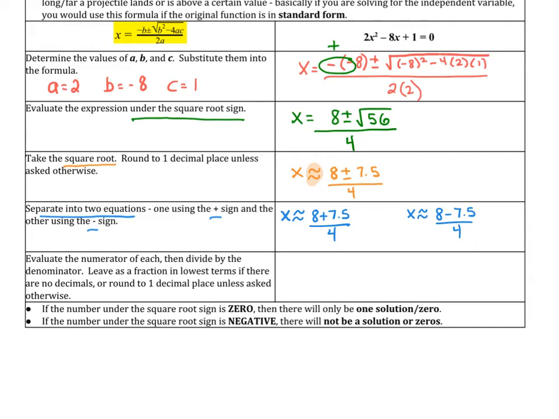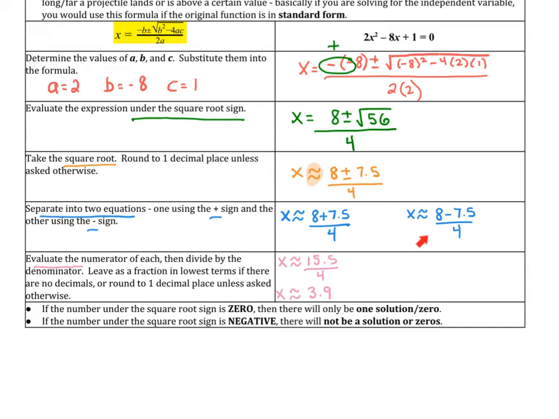And lastly, now we're just going to evaluate this. You want to make sure you do the numerator first and then divide by the denominator. So first, in this one, 8 plus 7.5 is 15.5. And then when you divide that by 4 and round it to 1 decimal place, you get approximately 3.9.